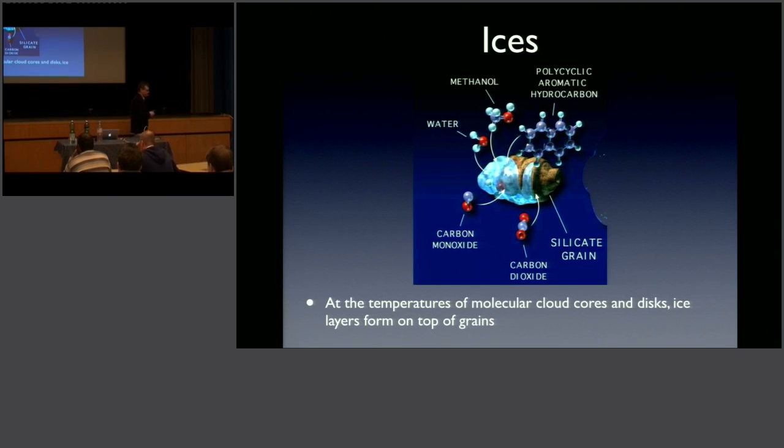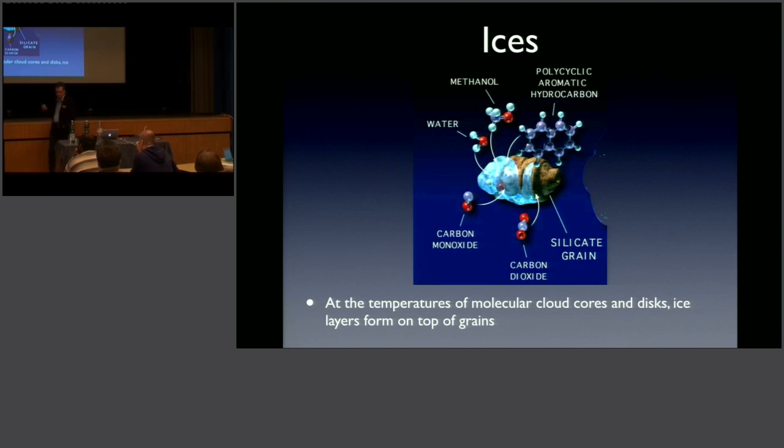And so you cannot simply assume that they are bare silicate or carbonaceous grains, but what happens is that the surface of these grains becomes a surface where you can have condensation of ices. And so as the temperature goes down, you are coating the inner silicate dust grain with species that condense on the surface of the grains.